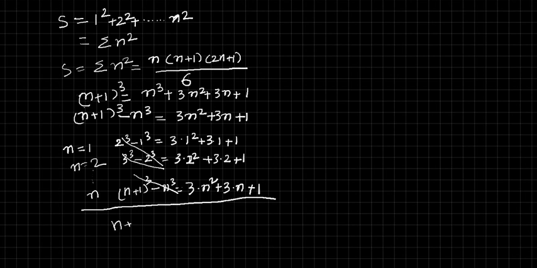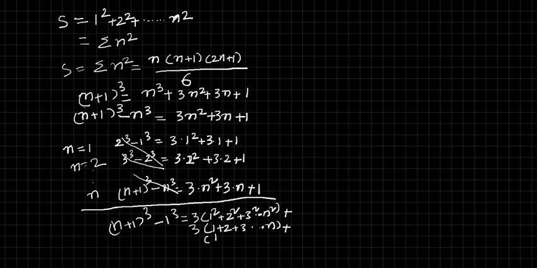So what we will have is n plus 1 cube minus 1 cube is equal to 3 into 1 square plus 2 square plus 3 square up to n square plus 3 into 1 plus 2 plus 3 up to n plus 1 repeated n times.